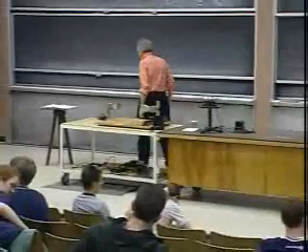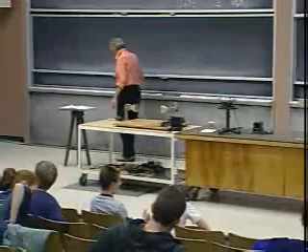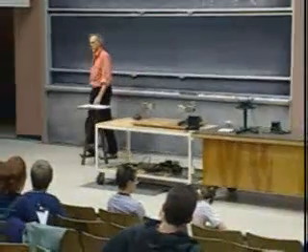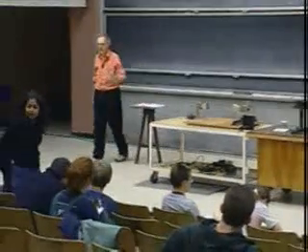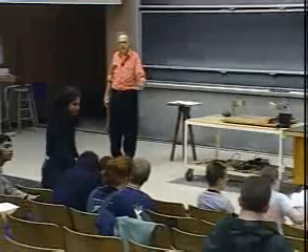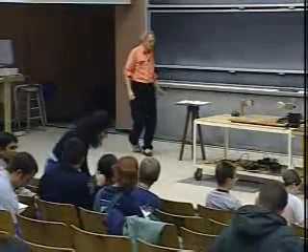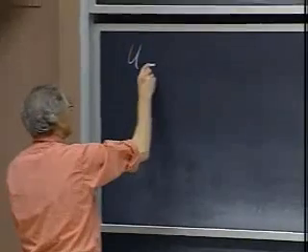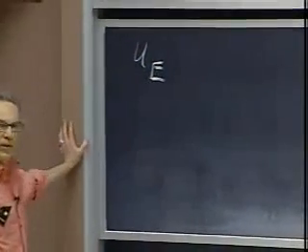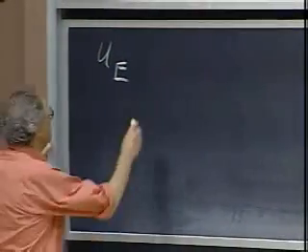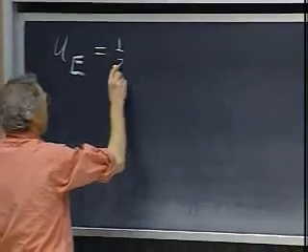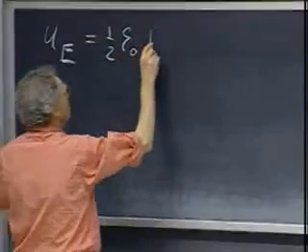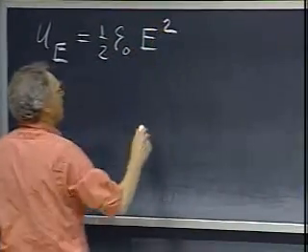Going to talk today about energy in electromagnetic waves. There must be energy in there because we know that electric fields contain energy and magnetic fields contain energy. And you may remember that the electric field energy density is 1/2 epsilon 0 E squared.